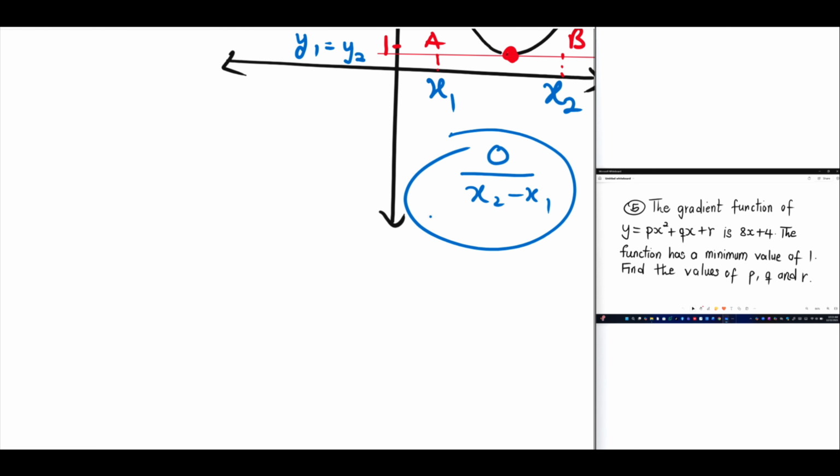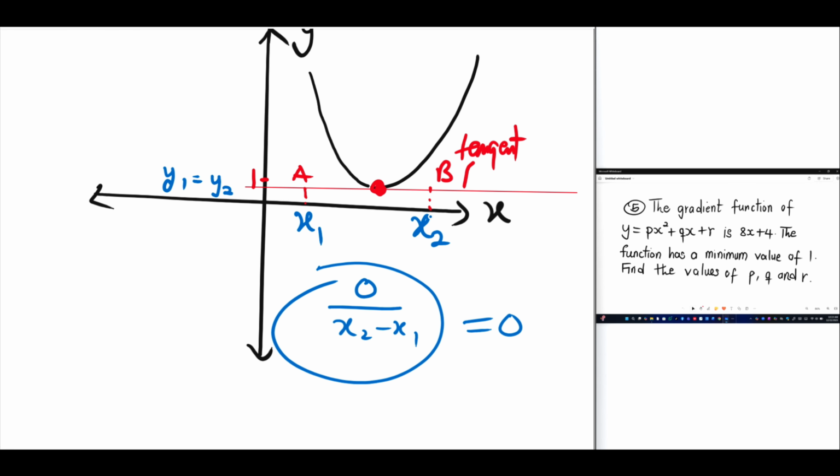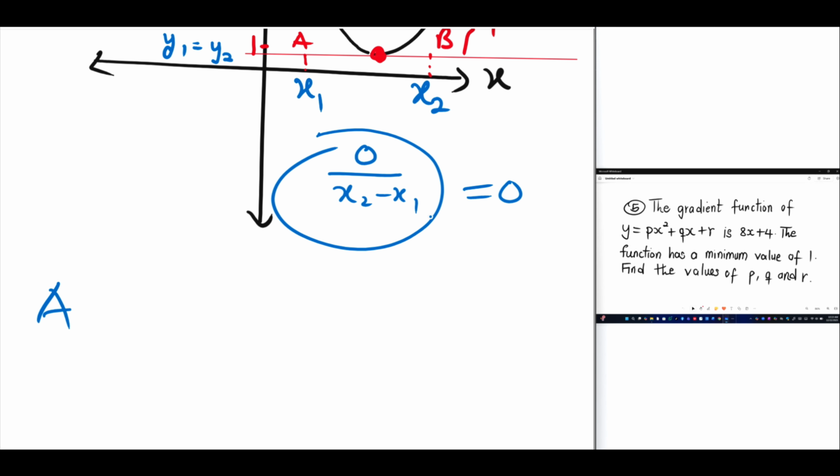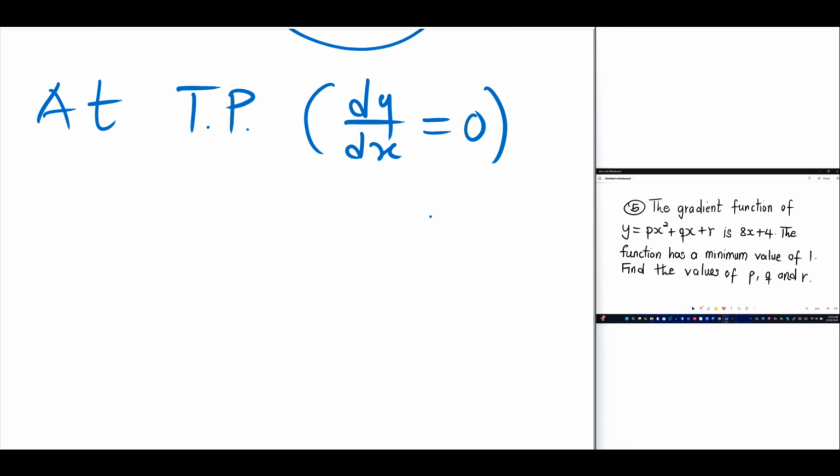So you continue by saying that at TP, which is the turning point, our gradient dy/dx must be equal to 0.